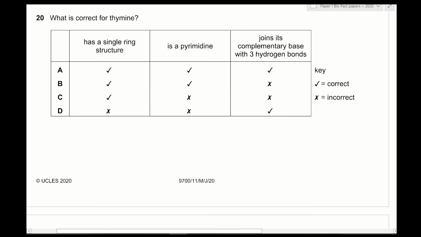Question number 20. What is correct for thymine? Now thymine is a pyrimidine, and cytosine and thymine are pyrimidines. Pyrimidines are single ringed structures, so they have a single ring. Now let's see the suggestions that we have here. A: has a single ring structure. Yes, this is correct because it's a pyrimidine.